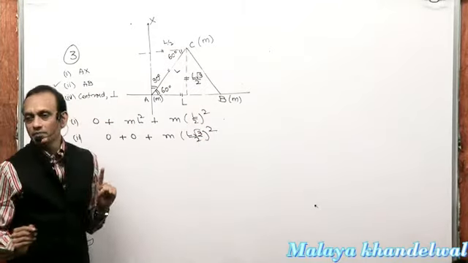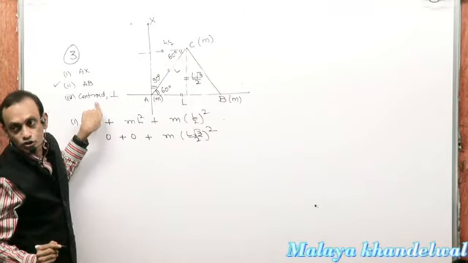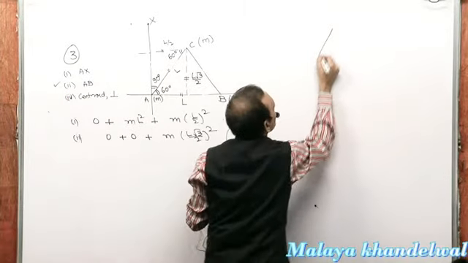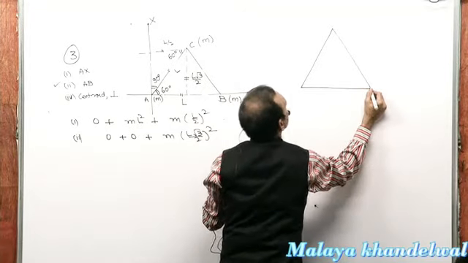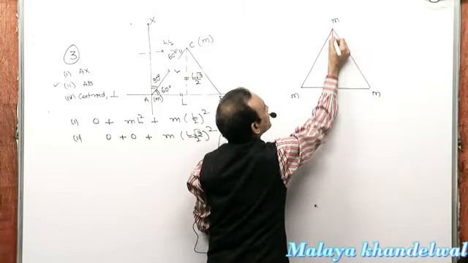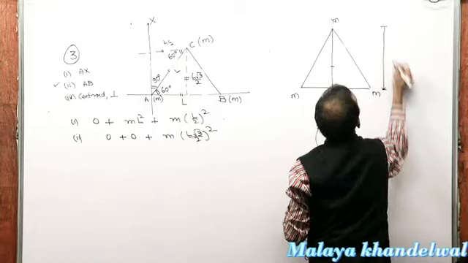That's the second part of the problem. The third part of the problem is about moment of inertia about the centroid, perpendicular to this plane. Very clearly, if you look at the centroid, this length is L root 3 by 2.